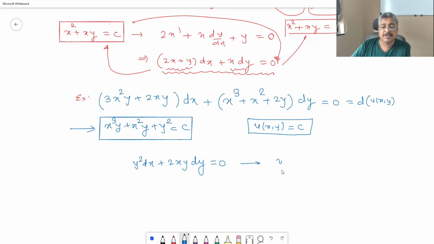The solution of this differential equation is y square x is equal to constant. Now, this is homogeneous also. Therefore, you can solve it by that method also. Yes. So now, this is yet another example. And now what I want to tell you is, say for example, next, y dx minus x dy is equal to 0. Try your luck.